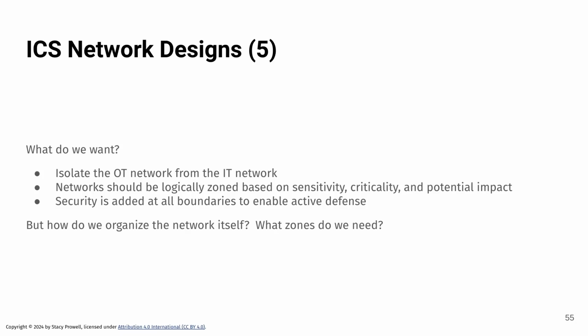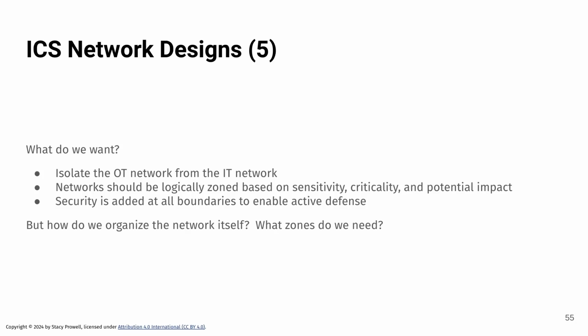Let's stop and ask, what do we want? Well, ideally, we'd like to isolate the OT, or operational technology network, from the IT, or information technology network. We'd like to isolate them as much as we can. I mean, clearly they're going to be connected in some way, but we'd like some kind of logical isolation.